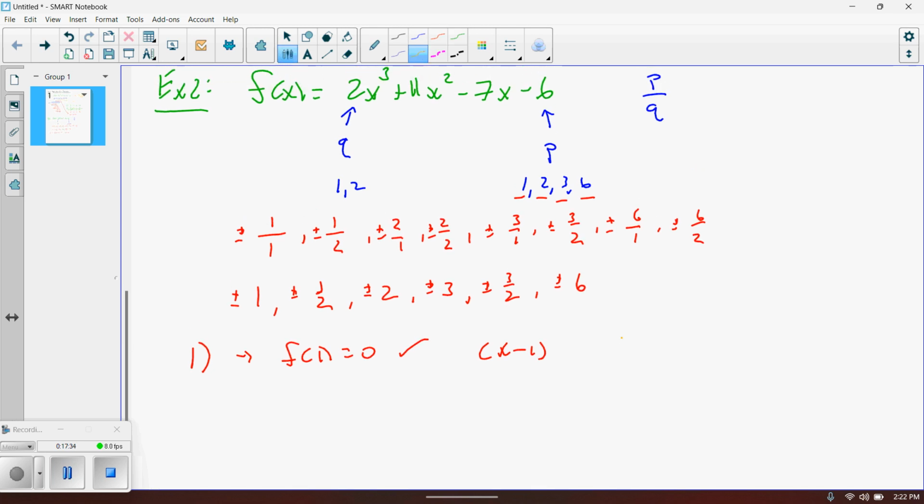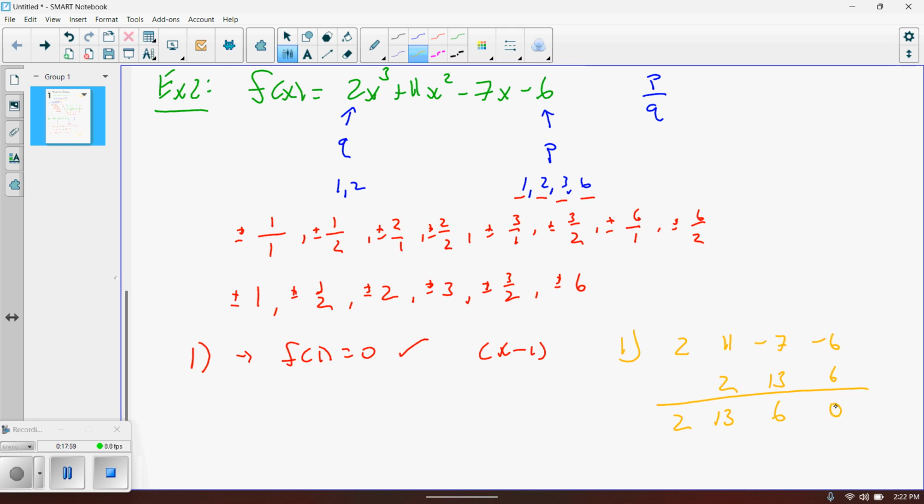So over here, I'm going to put 1, and then I'm going to write 2, 11, negative 7, negative 6. Let's see, bring down the 2, multiply it by the 1, that goes here, add. Multiply that 13 by the 1, that goes here, add. Multiply that 6 by the 1, that goes here, and add.